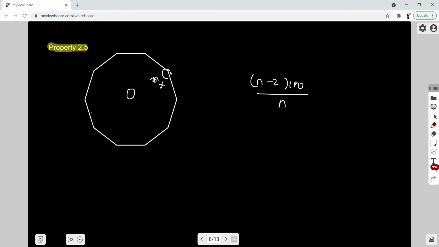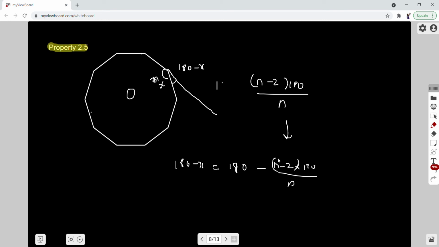To find the exterior angle, I just extend one side and subtract x from 180. So now 180 minus x equals 180 minus (n minus 2) into 180 by n.